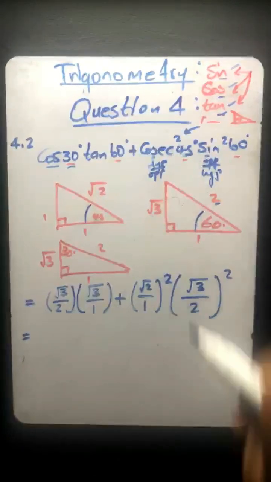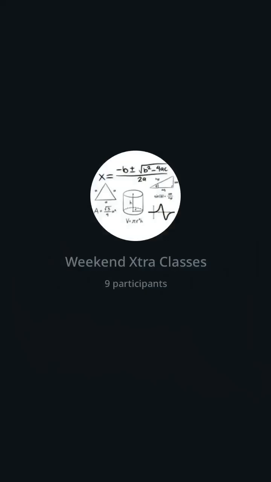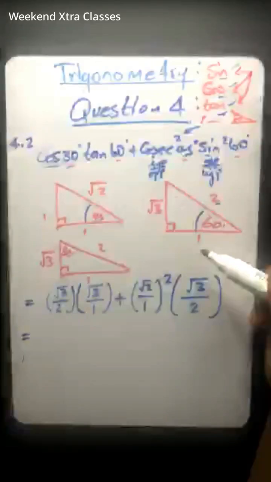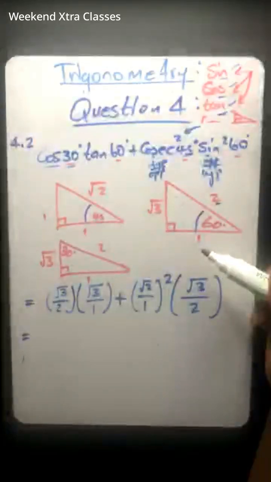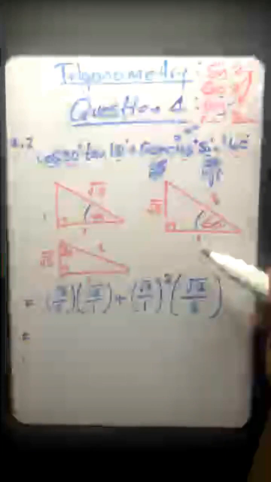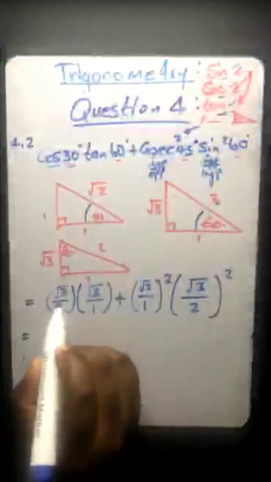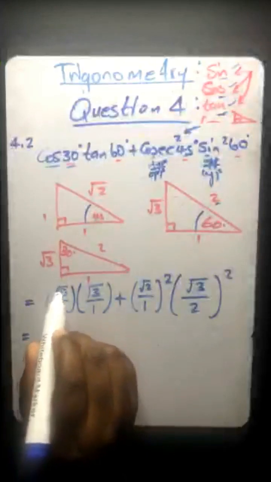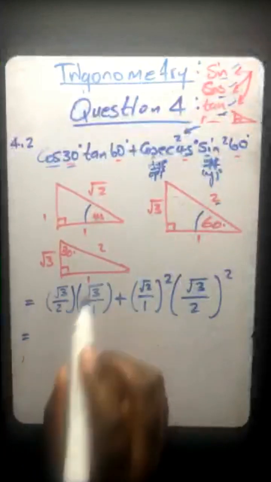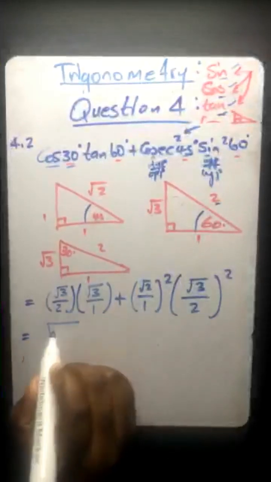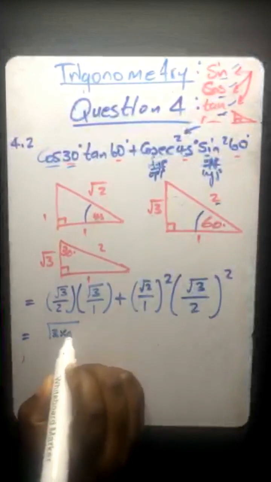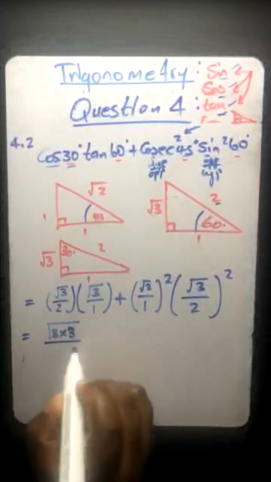But if you guys remember, beginning of last month, we studied what we call the surds, being the square roots, where we said if you multiply a square root by a square root, you just say square root of whatever is inside, multiplying each other.